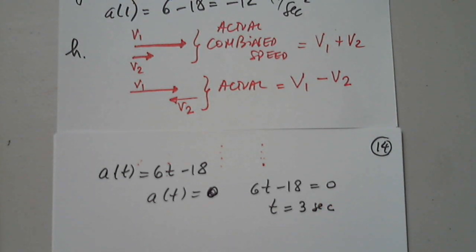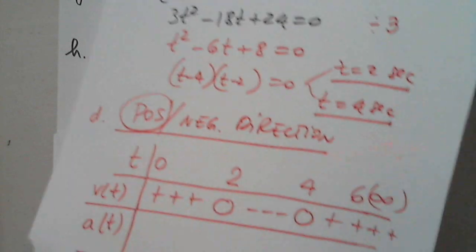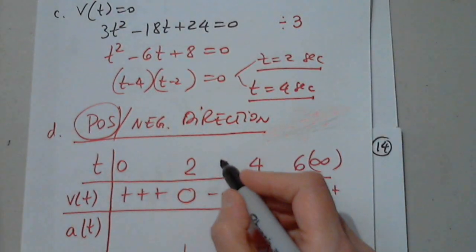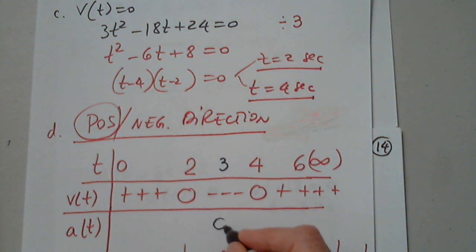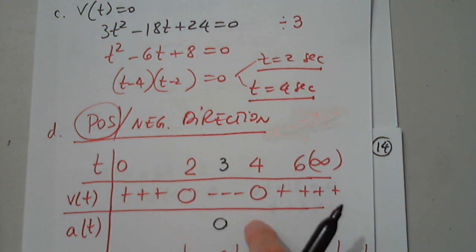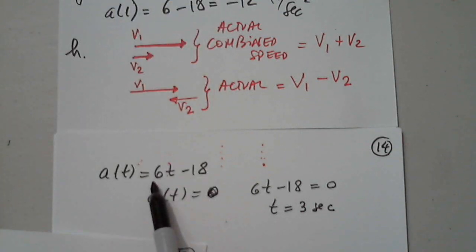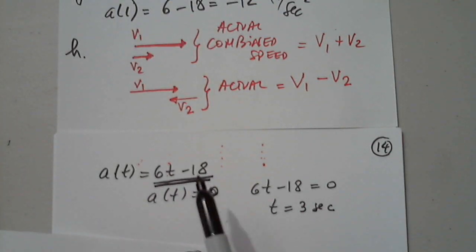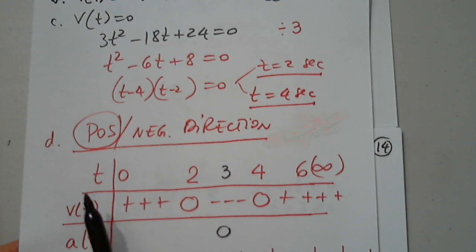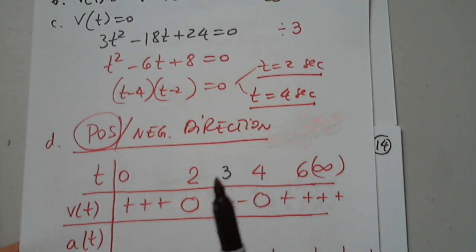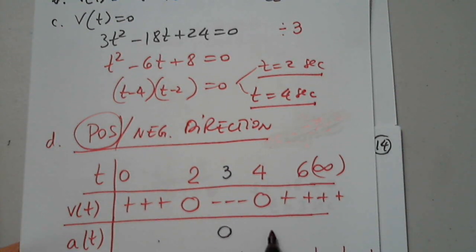Now you will see why I added the acceleration here. It is 0 at 3, and I need to study the sign of the acceleration. So this is the acceleration. Please plug in a number to the left of 3 and a number to the right of 3, and tell me the sign here and the sign here.